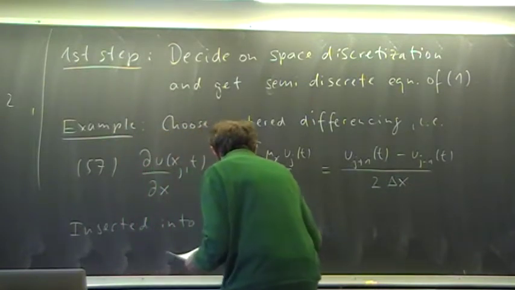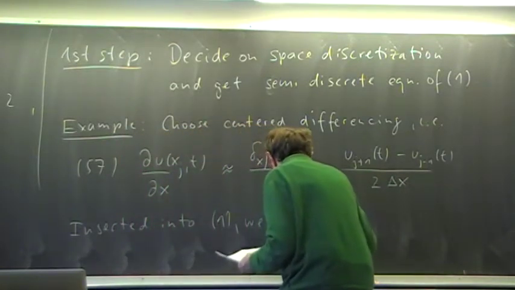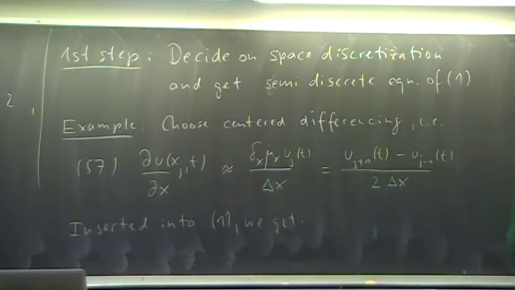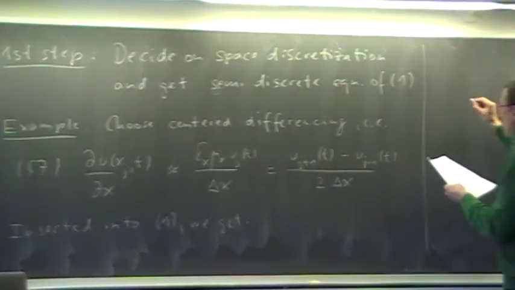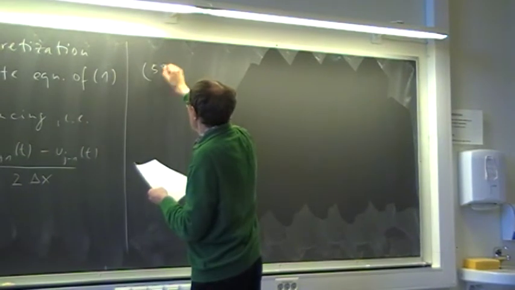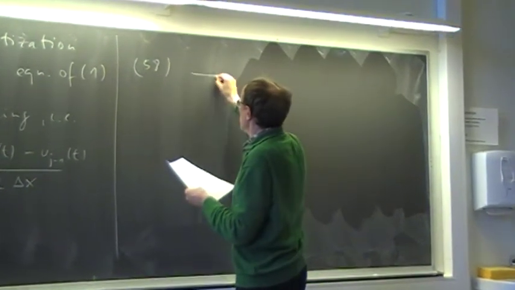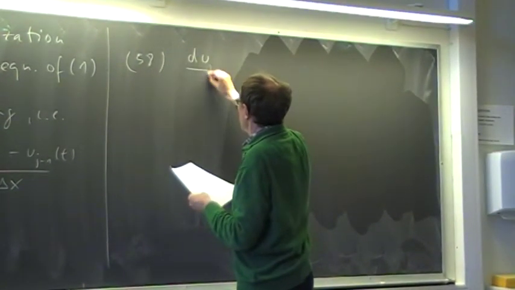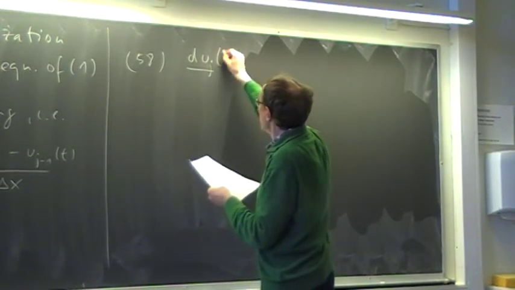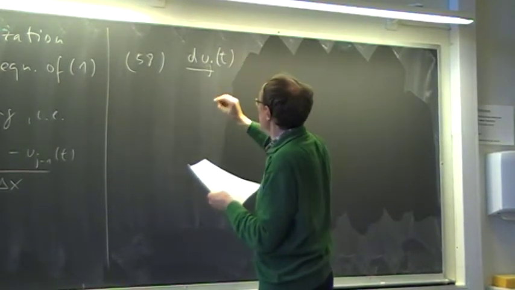Inserted into 1, we get, then we are at grid point j, and the approximation there is uj.